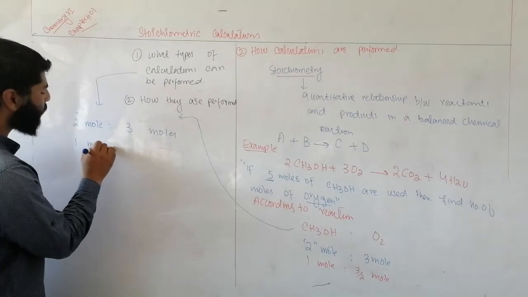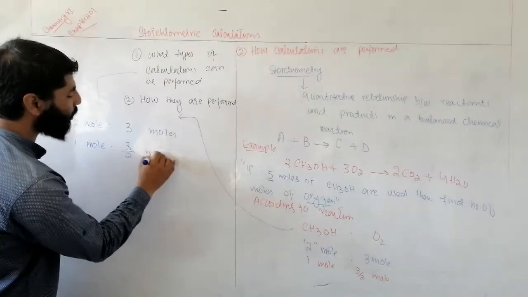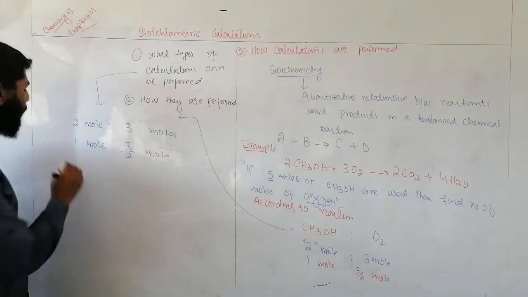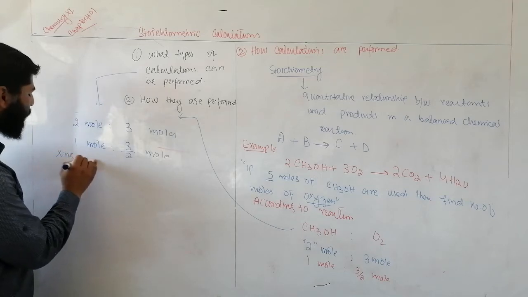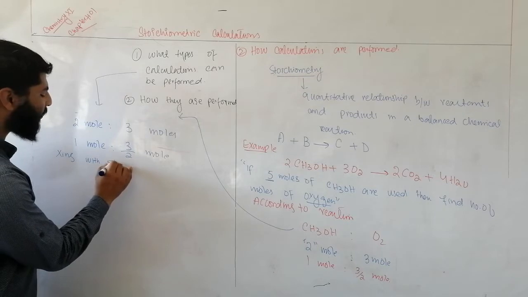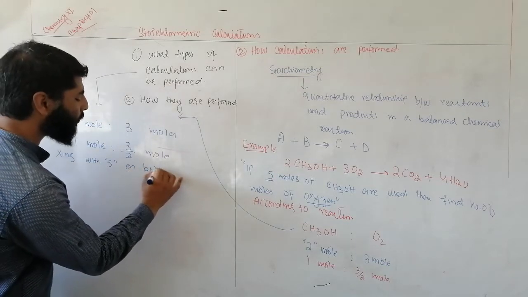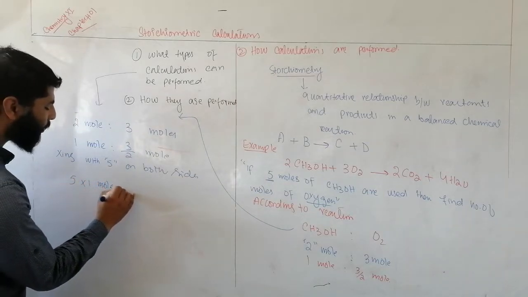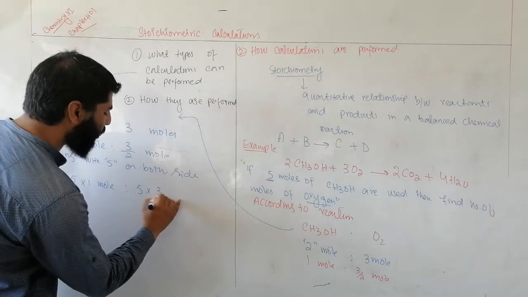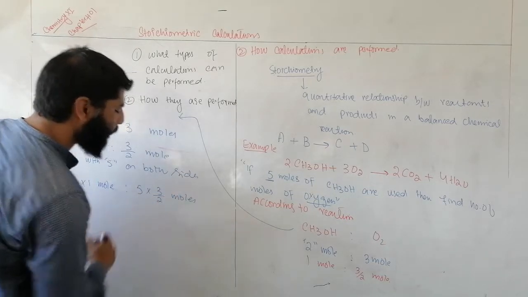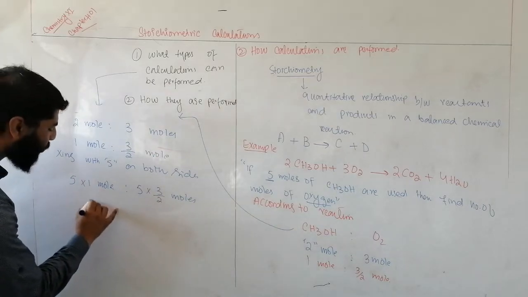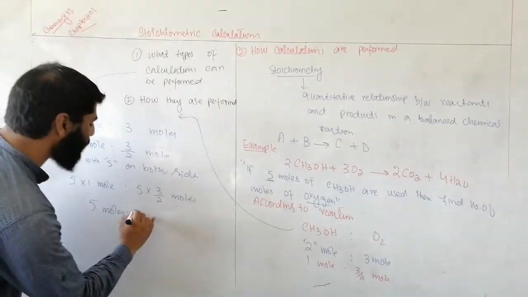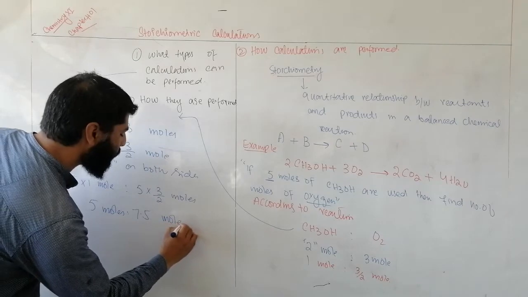For 1 mole, we have 3/2 moles. Now, for 5 moles, multiplying by 5 on both sides, we have 5 multiplied by 1 mole ratio 5 into 3/2 moles. For 5 moles, it is 5 threes are 15 divided by 2, which is 7.5 moles.